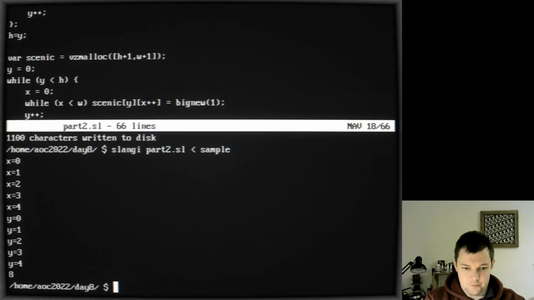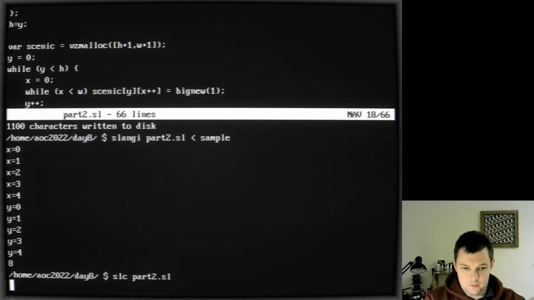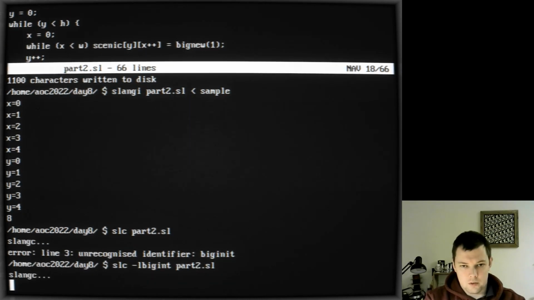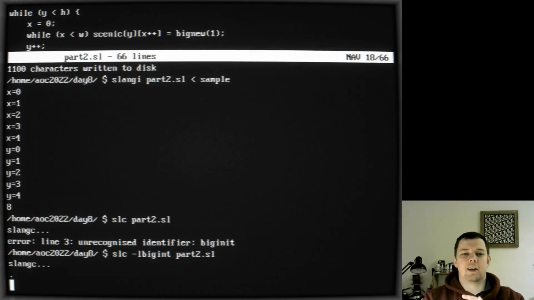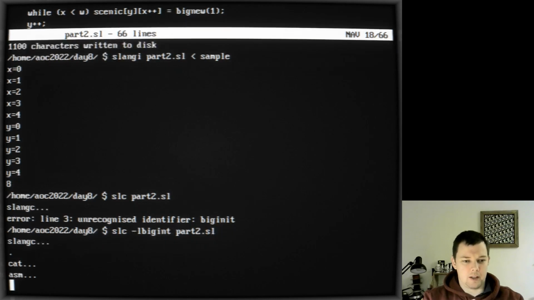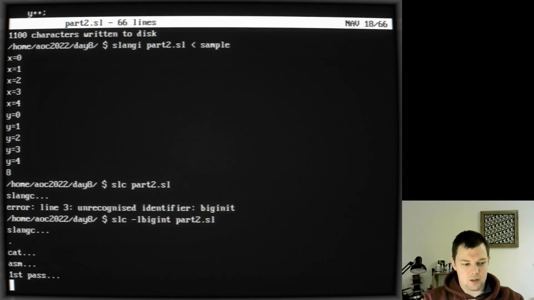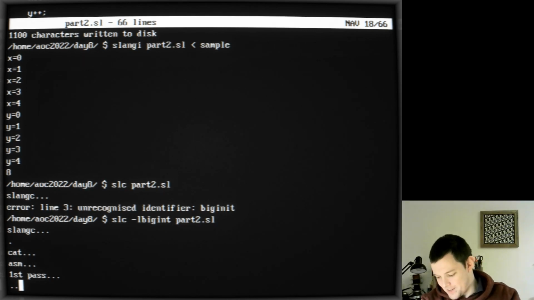Okay. Fortunately, I think if this is going to run out of memory, it will run out of memory quite quickly, because it doesn't do any allocation after it started scanning.